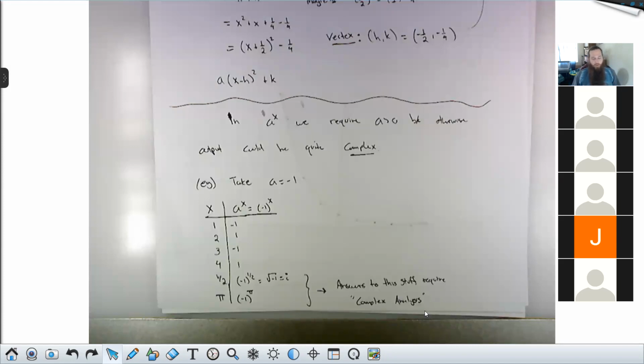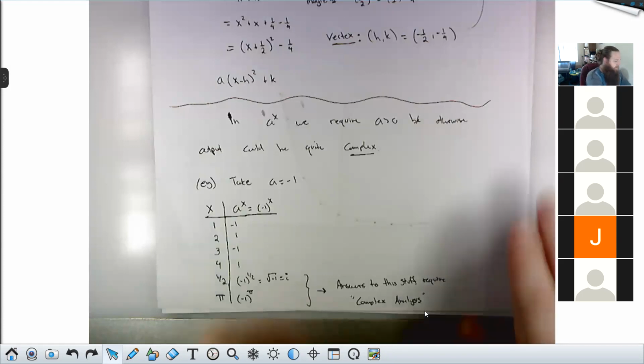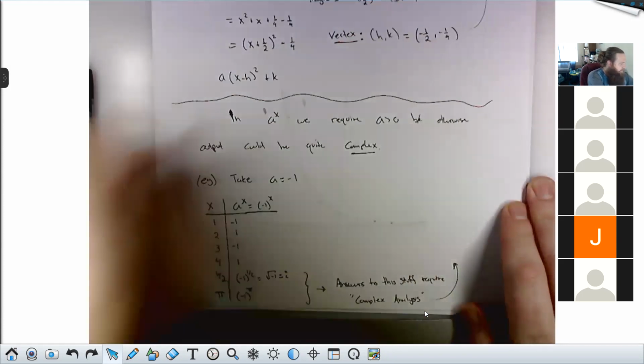Some stuff, when you choose to think of it in the complex plane, becomes a lot nicer than when you think about it with the real numbers. So I'll leave you with a cute little quote about complex analysis. This is from Hadamard.